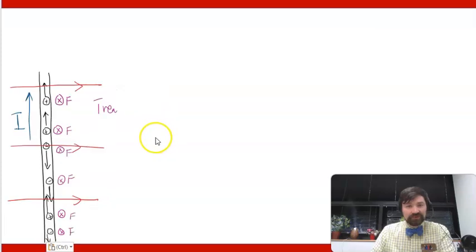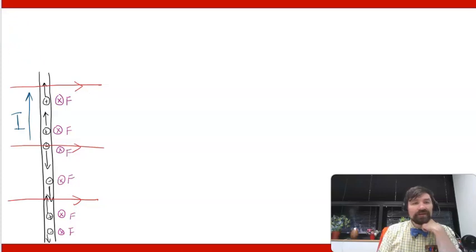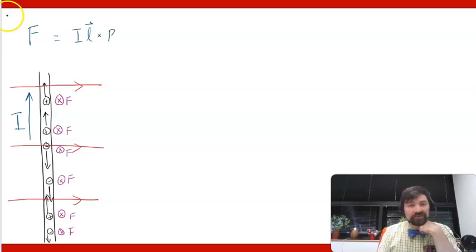is given by basically just the current times the length. So F is I times length crossed with magnetic field, ILB. And so that's your total force on the wire.